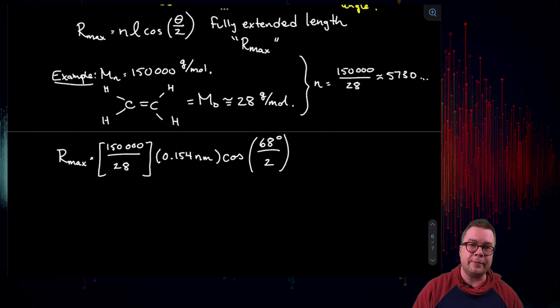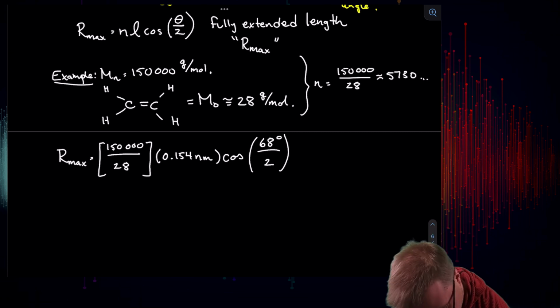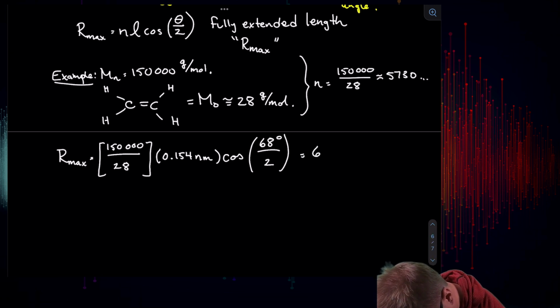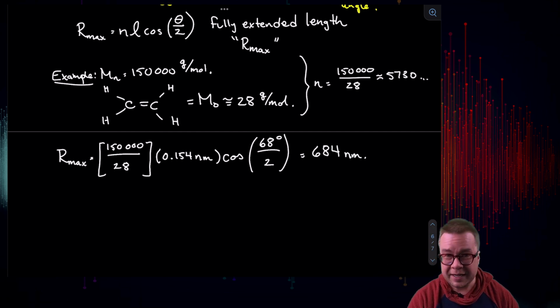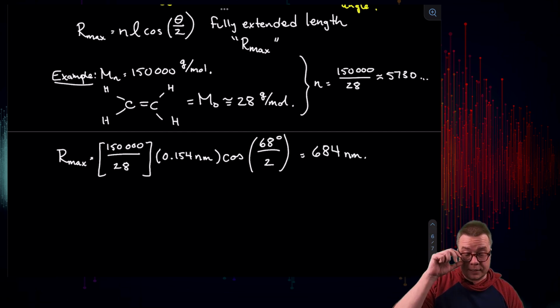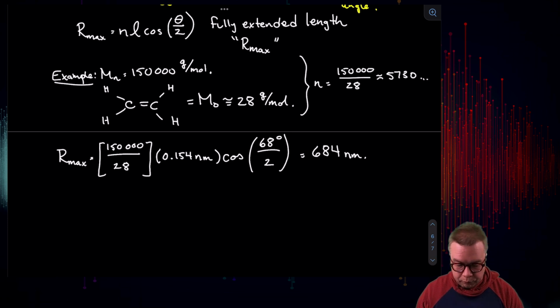So if you're using a calculator, make sure you're using degrees and not radians. This will come out to be 684 nanometer. That's pretty big, right? That's a molecule with a fairly low molecular weight that is almost 1 micron in length. I mean, that's pretty huge for the size of a molecule.